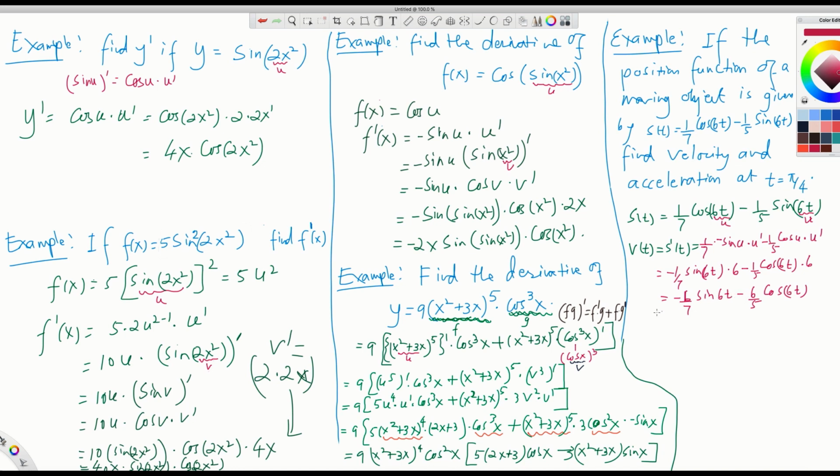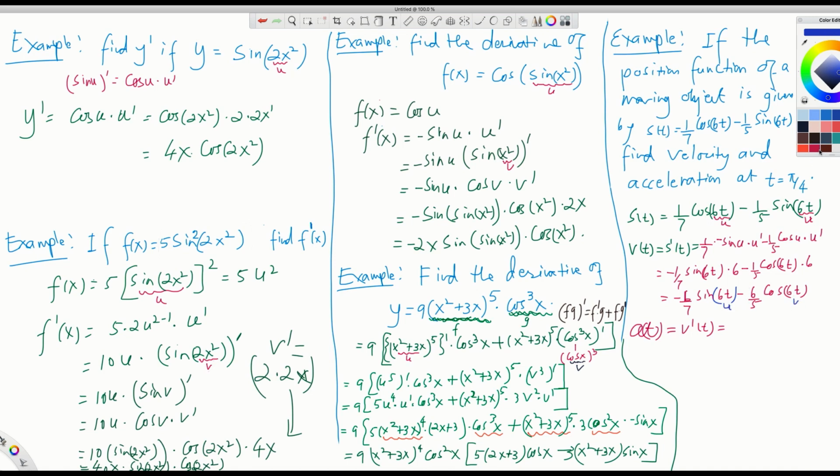But you want to find this at t equals pi over 4. So let me find the acceleration first, and I will plug in the values at the end. Acceleration a(t) means v prime of t, so you find the derivative of that one. Again, you have this as u.